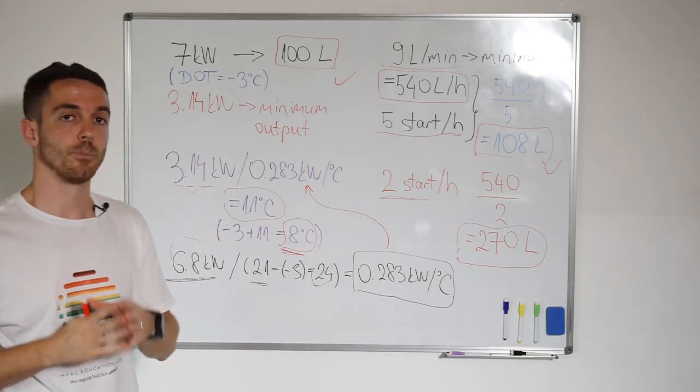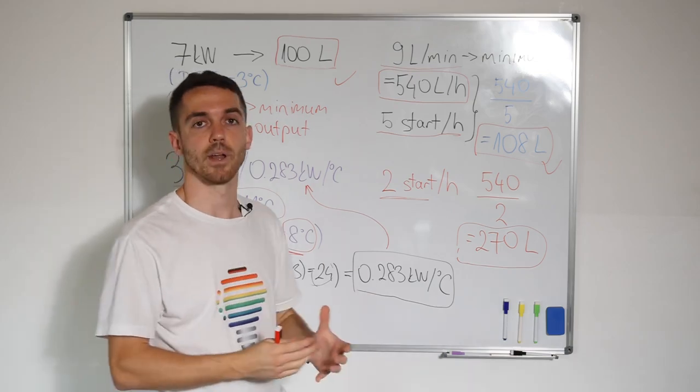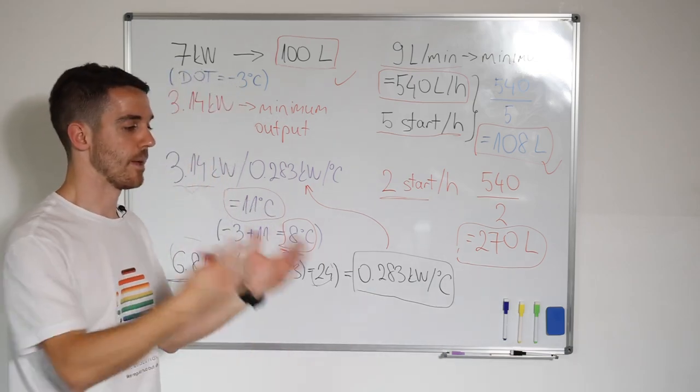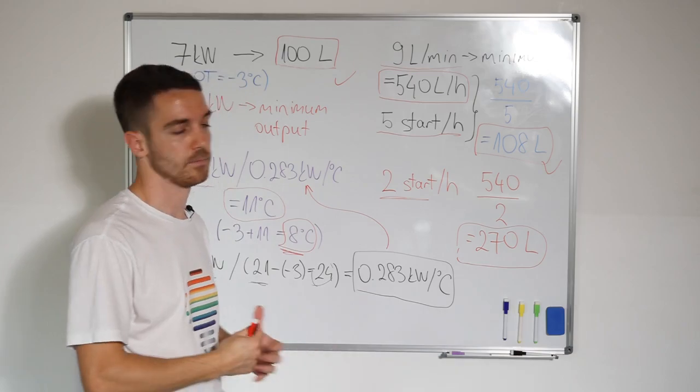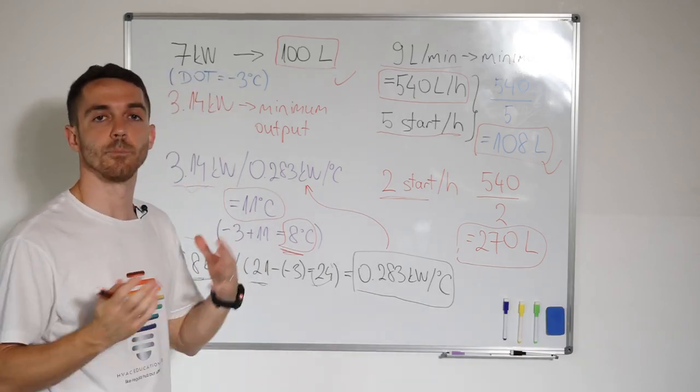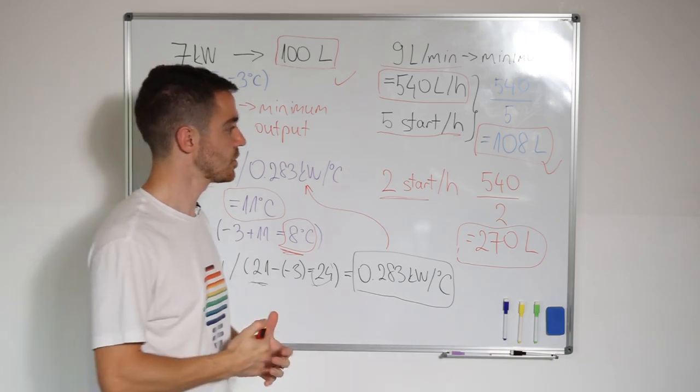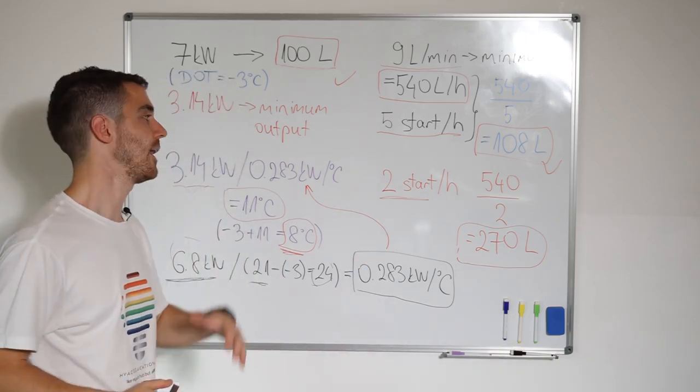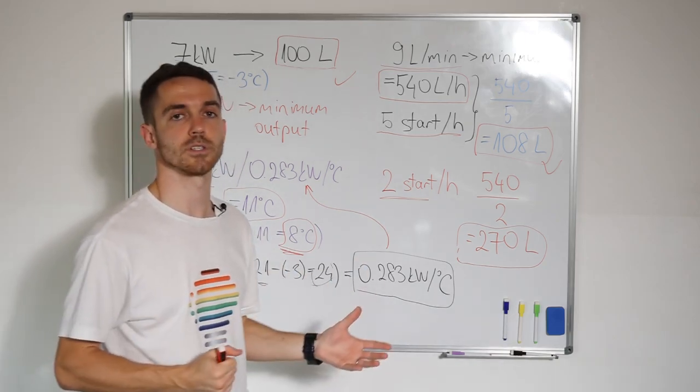Flow rate is important so we can pass our heat to our emitters, to our house. Volume is important to have stable operation, good modulation, and good defrost.